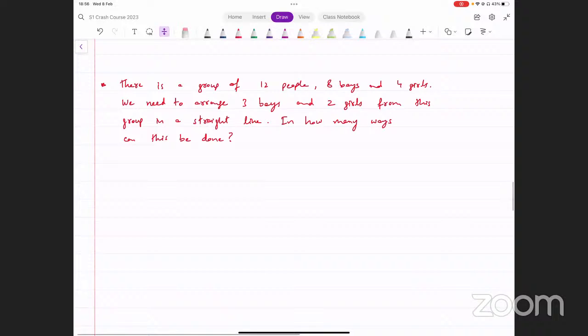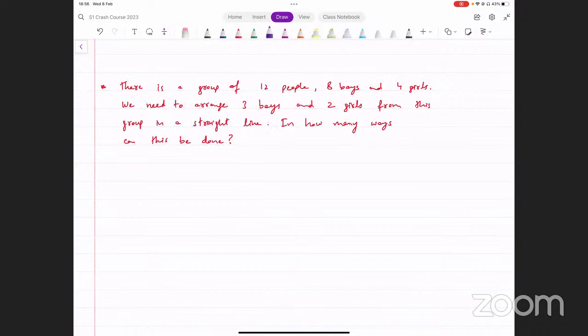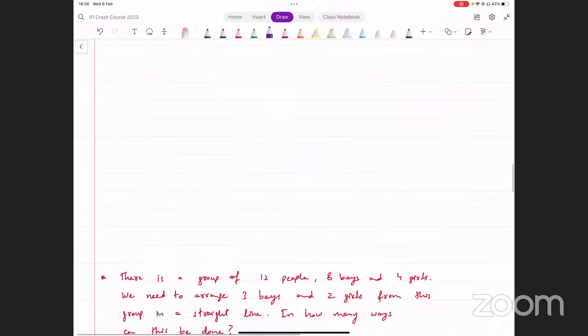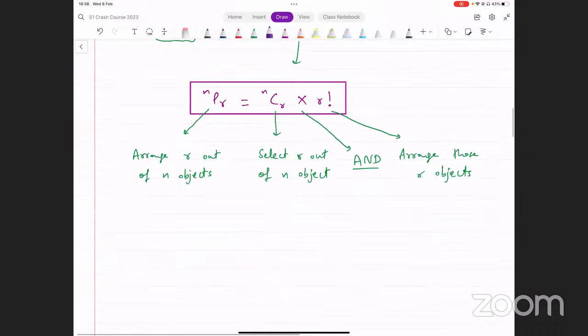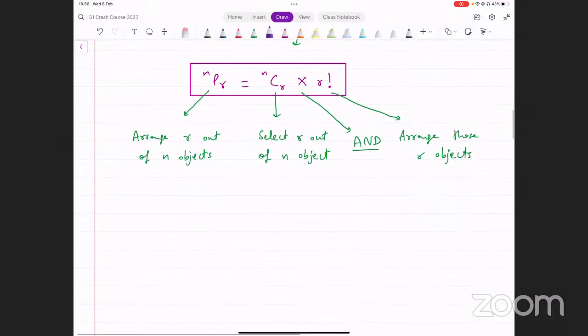Let's say we got something like this. There's a group of 12 people, 8 boys and 4 girls. We need to arrange 3 boys and 2 girls from this group in a straight line. In how many ways can this be done? Now, this is where this thing is going to be important, where we said we sometimes have to break it down, that we select objects once and then we arrange objects.